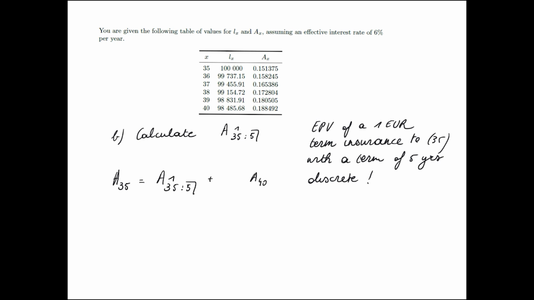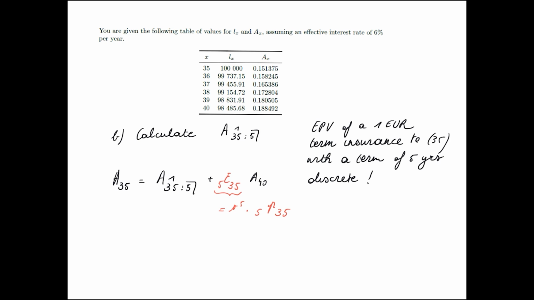But then we must not forget to actuarially discount this EPV of the whole life insurance issued to a 40-year-old. We need to discount it actuarially from time 5 to time 0. So we need to put this pure endowment, this actuarial discount factor, in between.